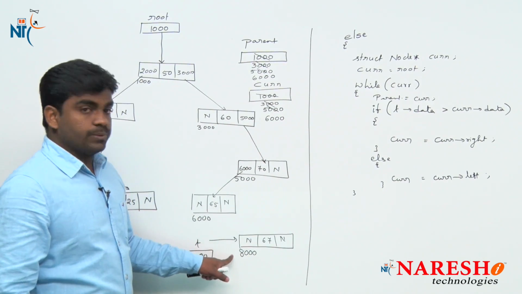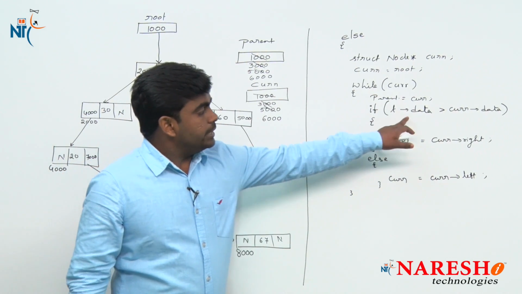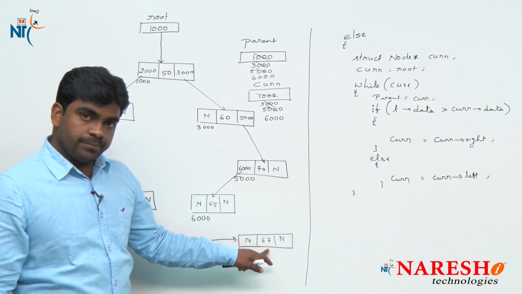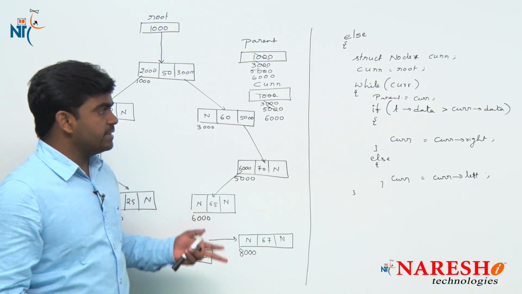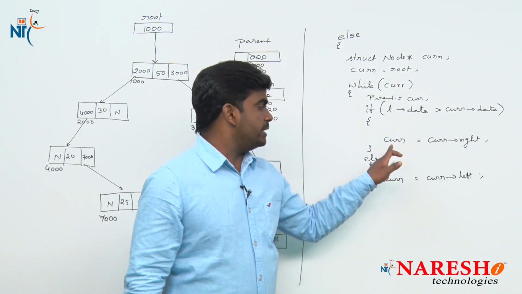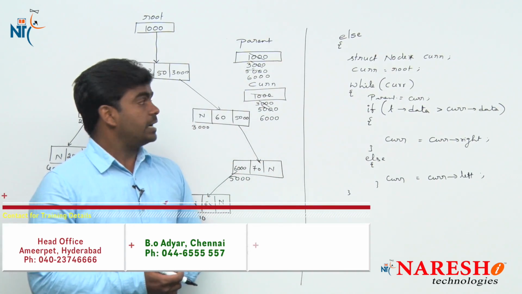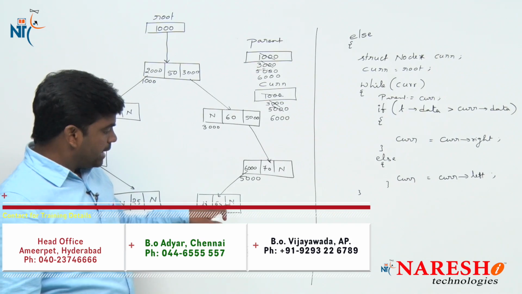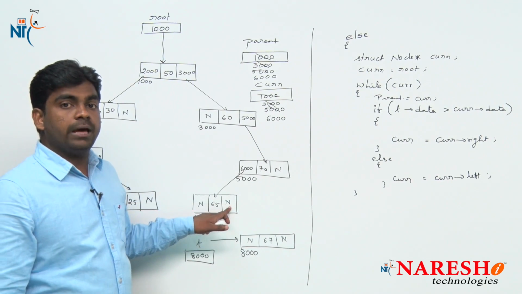And next one, again T2 data is greater than current to data, here 67 is greater than 65, yes condition true, then current to right value will be stored into current. Current to right value, 6000 to right value is what? Null value.